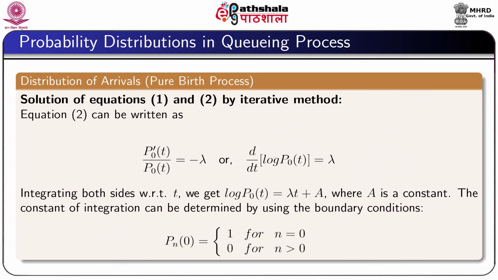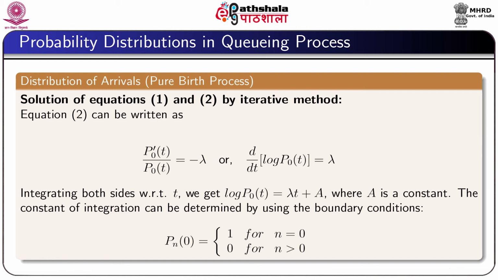Equation 2 can be written as P0'(t) by P0(t) equal to minus λ, which again can be written as d/dt of log P0(t) equal to minus λ. Integrating both sides with respect to t, we get log P0(t) equal to minus λt plus a, where a is the constant of integration.